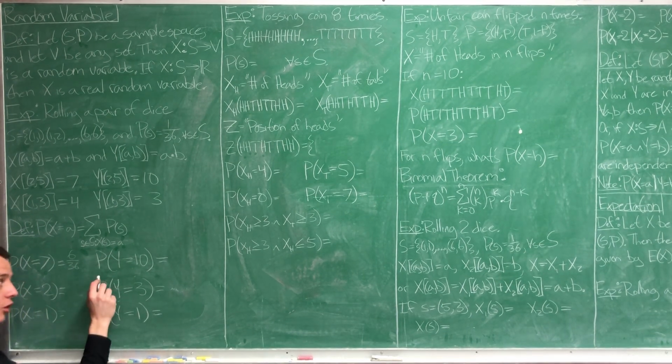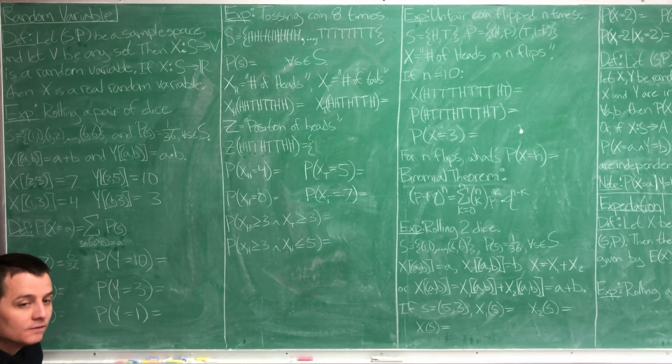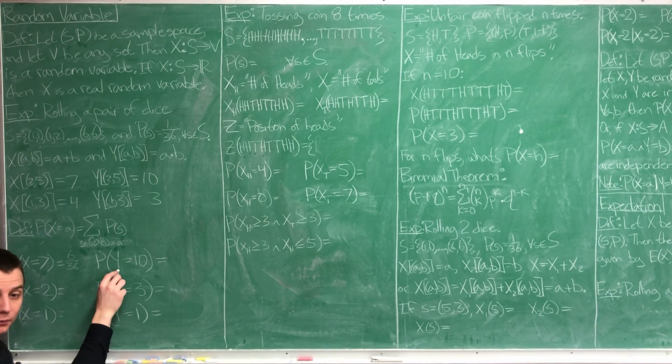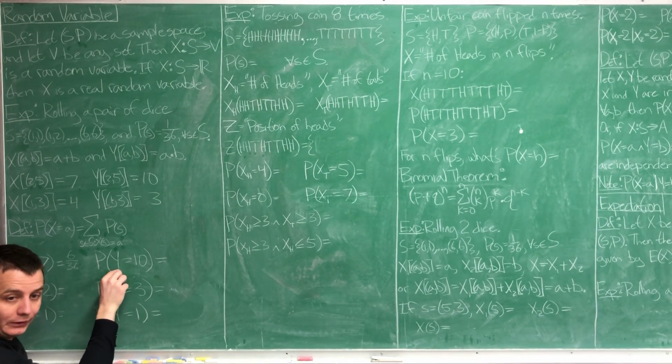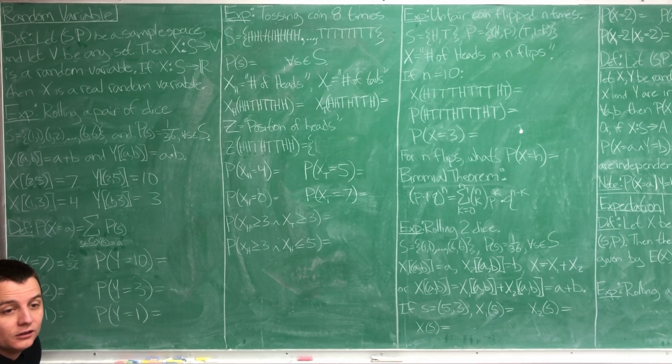Let's try another one. What is the probability that y is 10? So sample space is rolling 2 die. Now y was a random variable. Take the product of the 2 numbers. What's the probability that the product of your roll is a 10? 4 over 36? We got a 2 and a 5. How did you get 4? What else? 10 and 1.